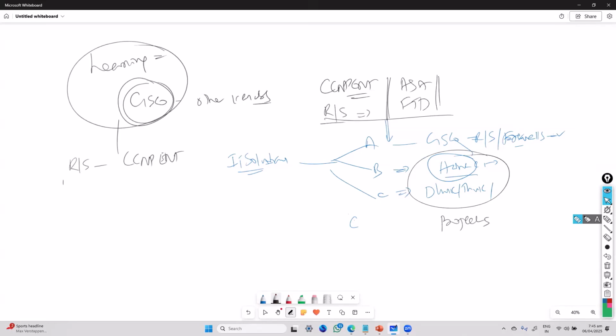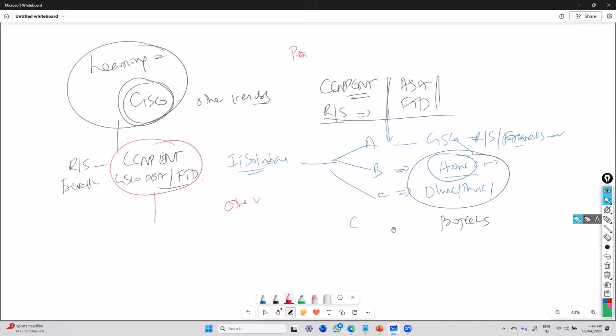And if you want to learn firewalls, then to build good foundations, we generally say you can start learning Cisco ASA and FTD firewalls. Other vendors you can learn only once you complete or become expert in this. Parallel learning is not recommended, because at the end, the concepts remain the same.